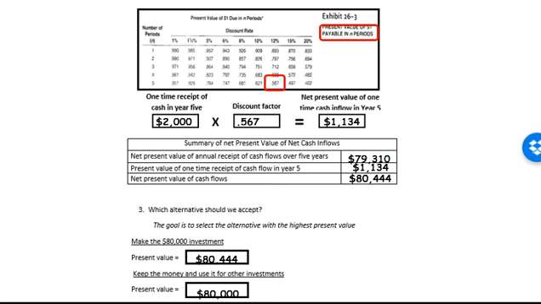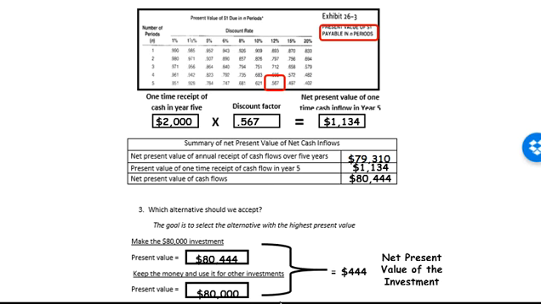So we take a look and we find that the present value of the $80,000 investment would be worth in today's dollars $80,444, which is higher than the present value of simply keeping the money and not making the investment.